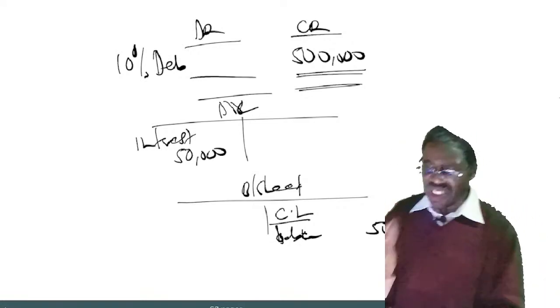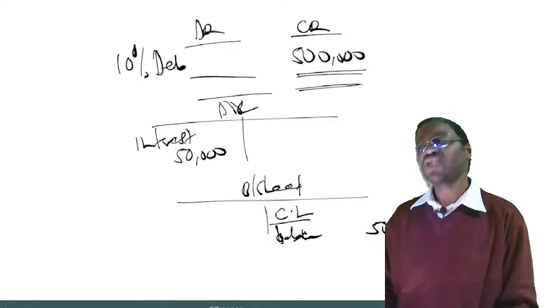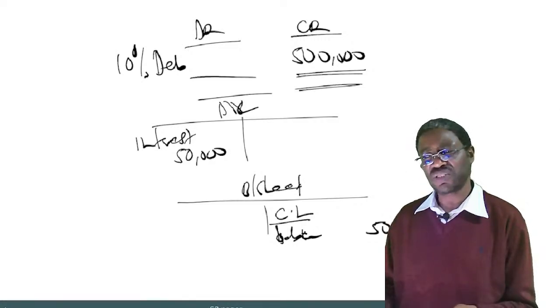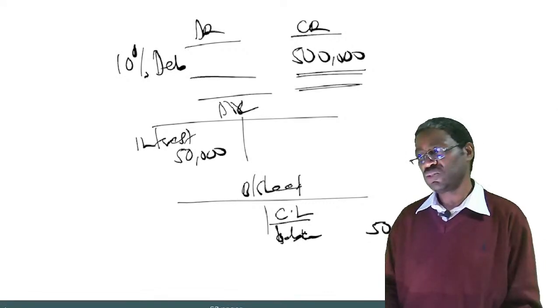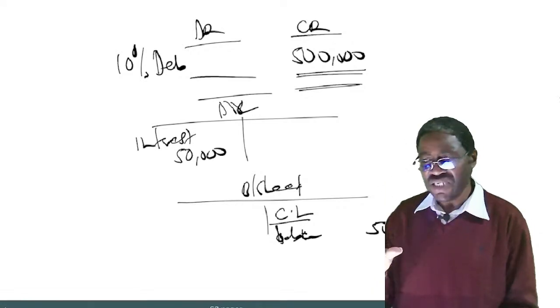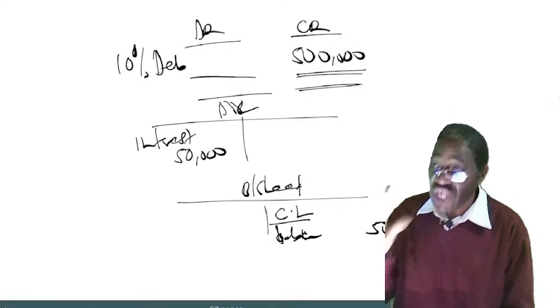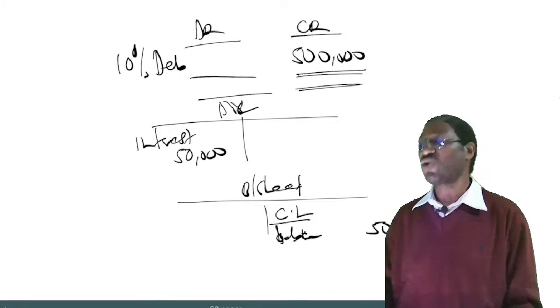So you can see from these two cases, what you took to the P&L account for interest is not what you paid. It is what was the charge for the year, whether you had paid it or not.